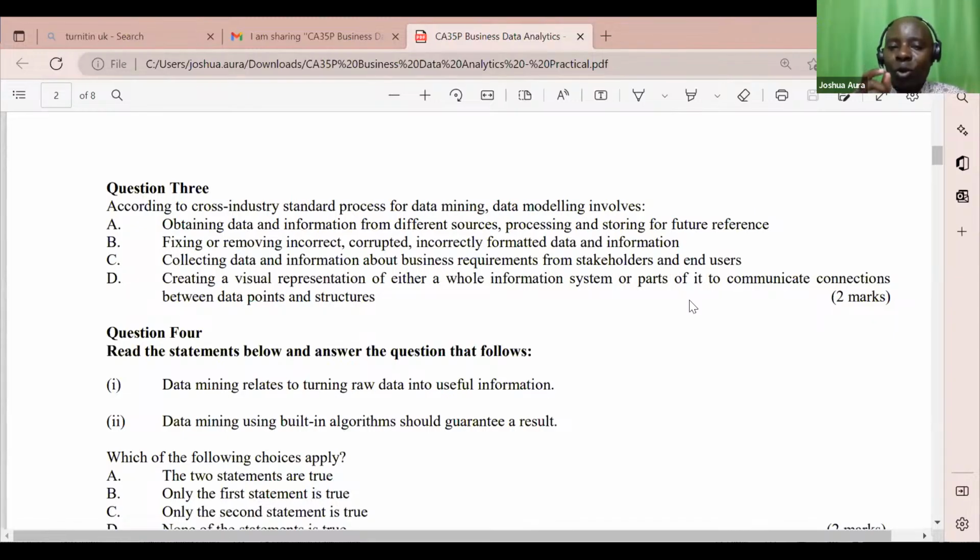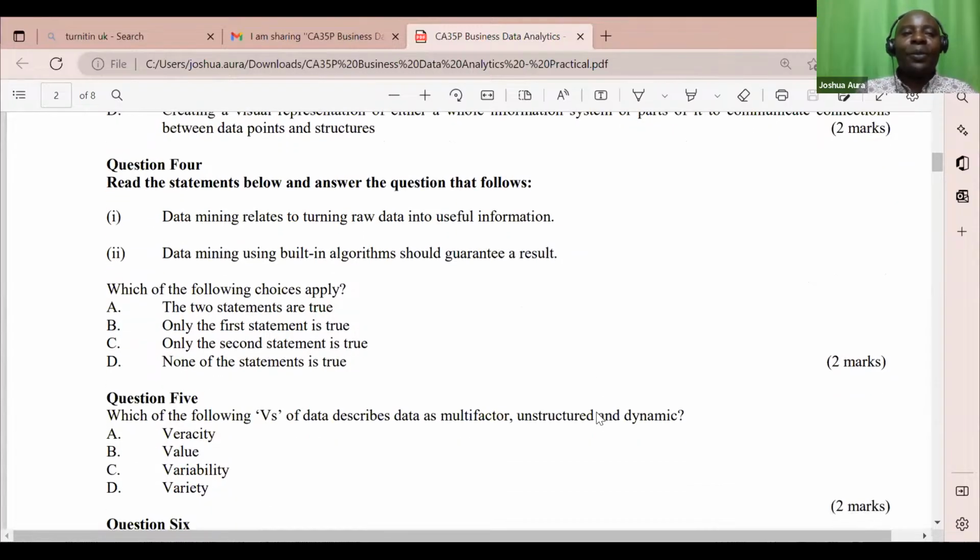Like now, I'm going to look at each of those 6 components of the CRISP model. But before I do that, through guesswork, look at question 4. Read the statements below and answer the questions that follow. 1, data mining relates to turning raw data into useful information. 2, data mining using built-in algorithms or models should guarantee some result.